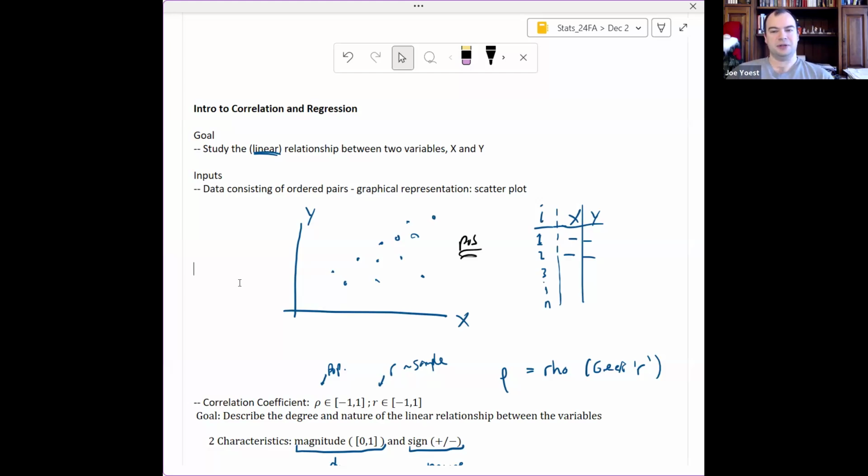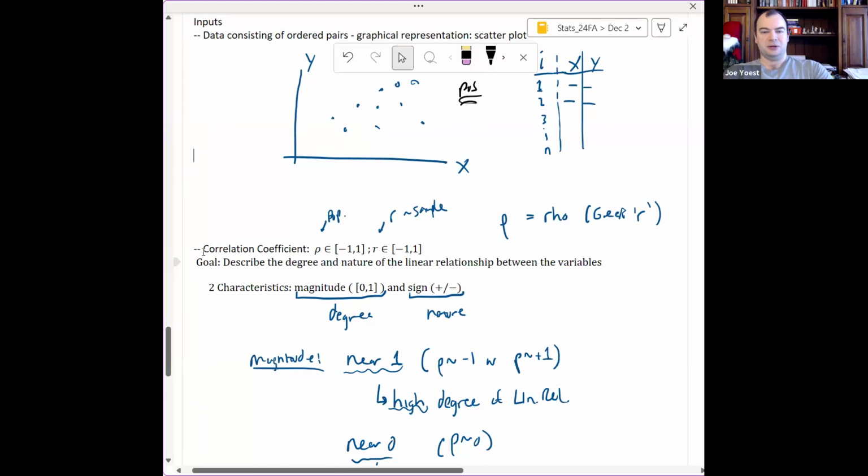We're not studying two variables where we just collect 100 people's heights, write those down over here, pick another 100 people, collect their weights, and just mash them up. There's not a natural pairing there. So we're looking at naturally ordered pairs, and we can make a graphical representation of these with a scatter plot. So we look at a scatter plot, it might look like this.